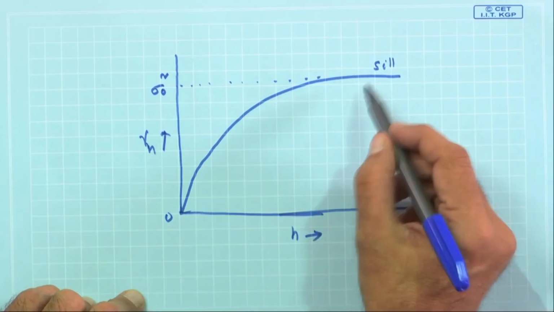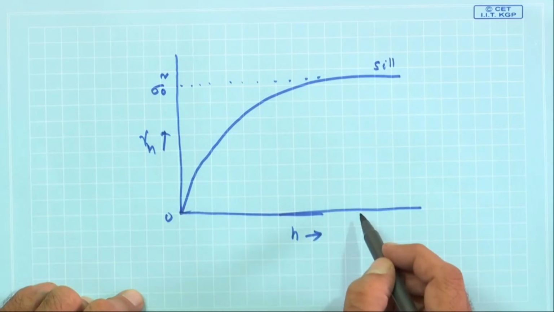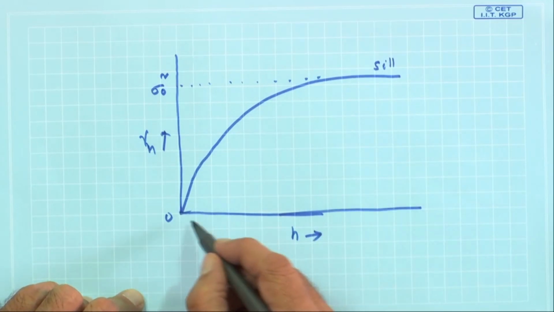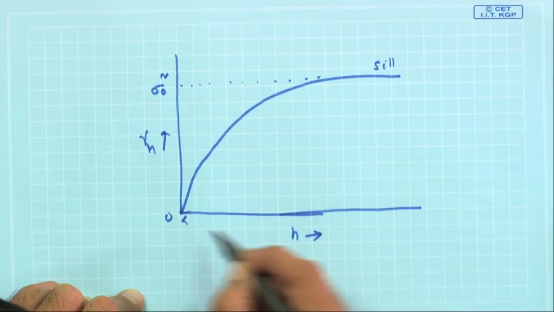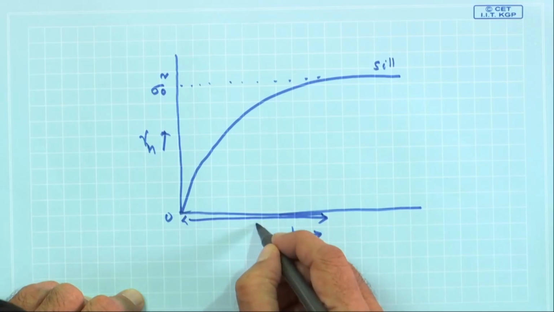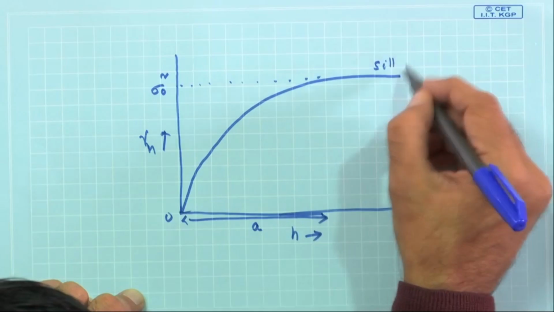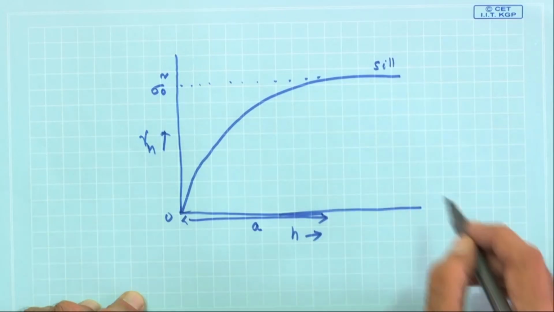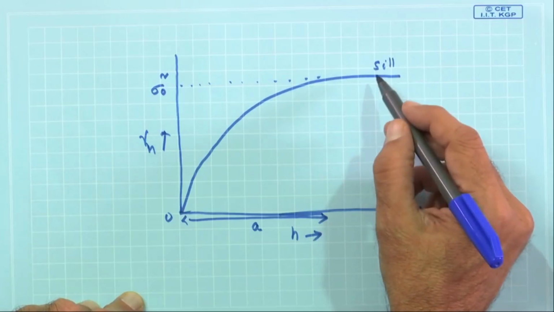That means the variable is behaving like a random variable after a certain interval. That particular interval at which the value has become parallel is represented as a. So, here it is the sill where the variable has become the parameter of interest.